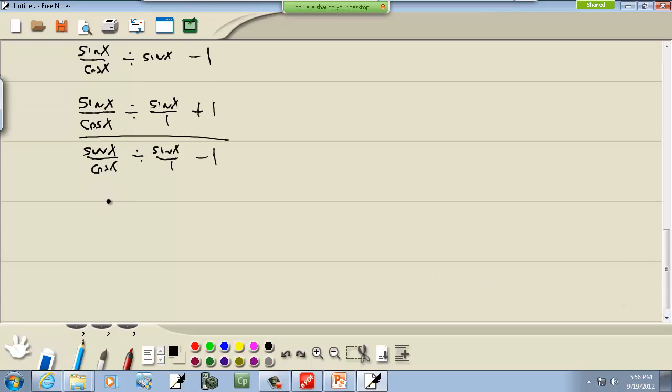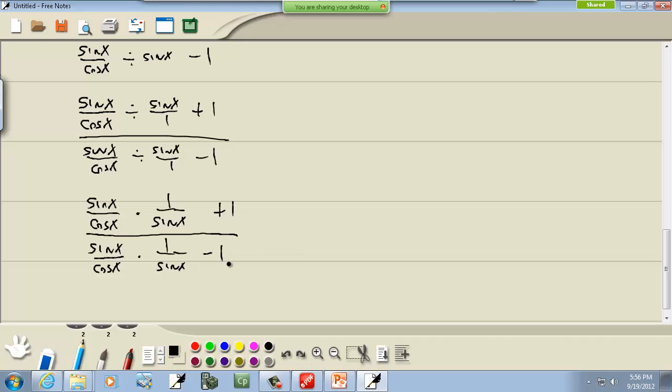We rewrite as multiplication. So this will be sine x over cosine x times 1 over sine x plus 1. And same thing down here: sine over cosine times 1 over sine minus 1. Do that, these sines cancel here.